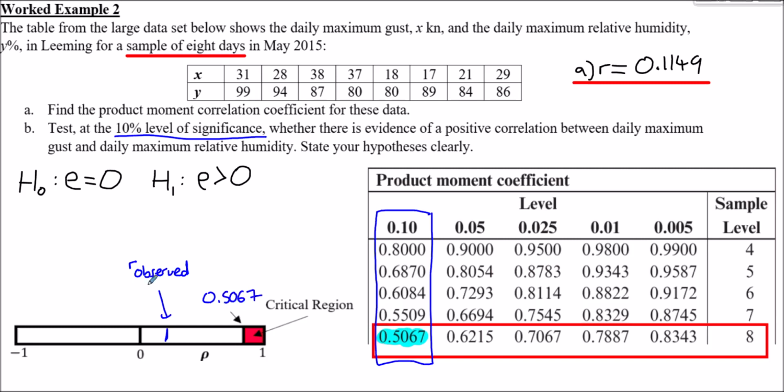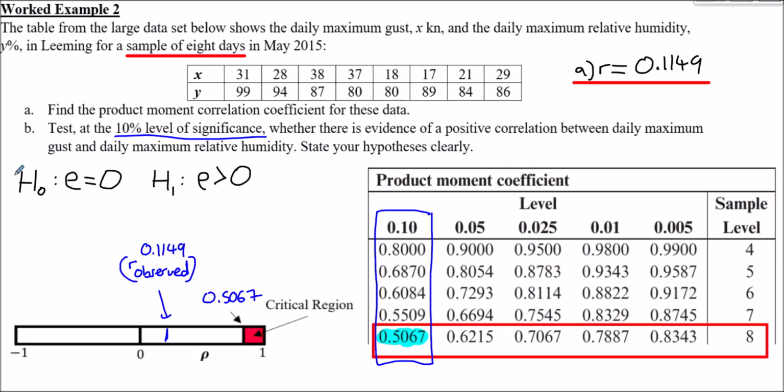So as you can see, R observed, which is 0.1149, is nowhere near the critical region. It's not anywhere near being positive enough.